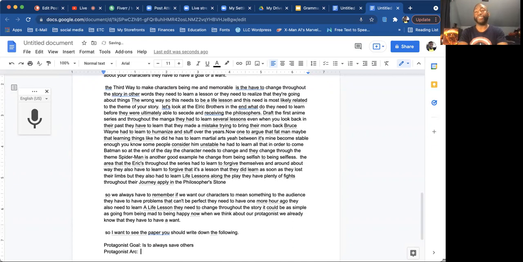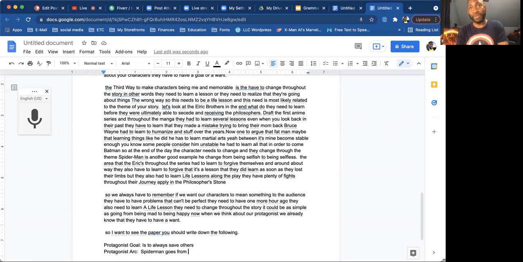His arc for a particular story could be anything like: Spider-Man goes from, let's just say, he decided that he didn't want to help the Kingpin, a villain.